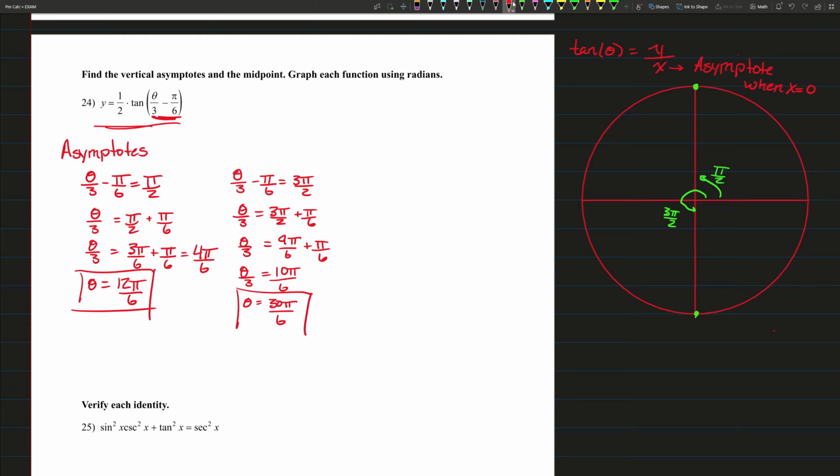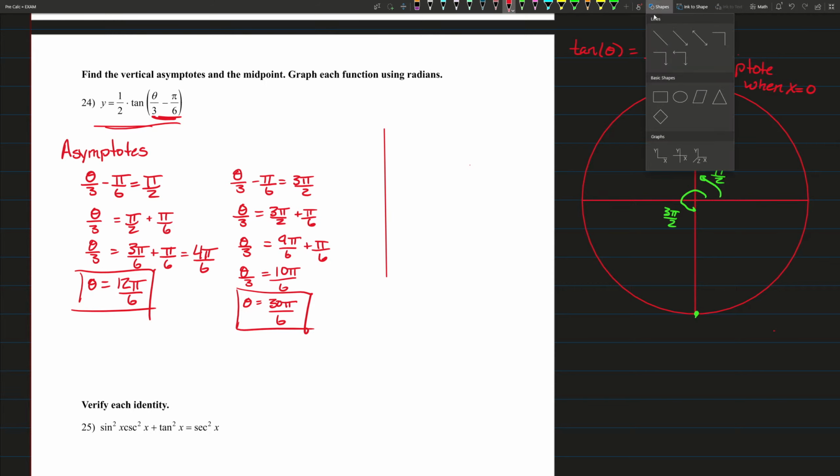Okay, so we have two asymptotes. So now what we need to do is graph it. We have 12 pi over 6.